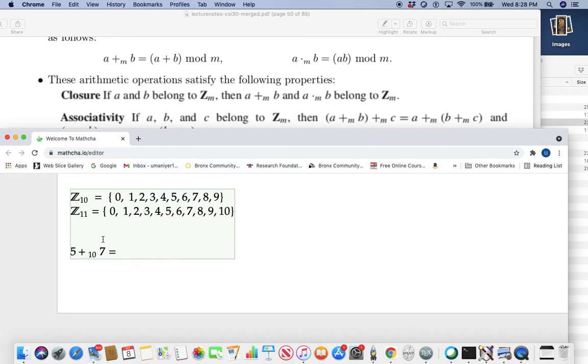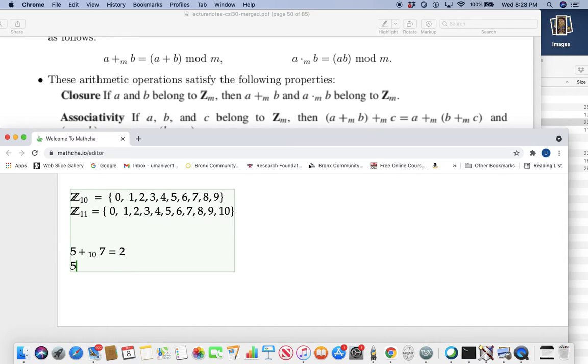When I divide 12 by 10, remainder is 2. 12 is not here. I need something from here. You add these two, divide by 10, look for the remainder.